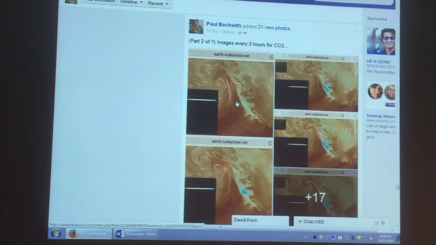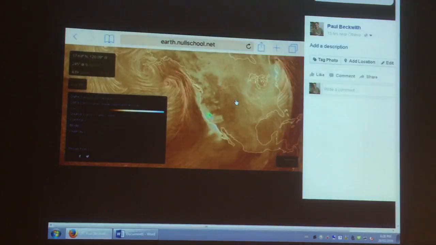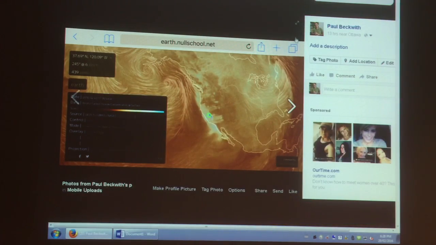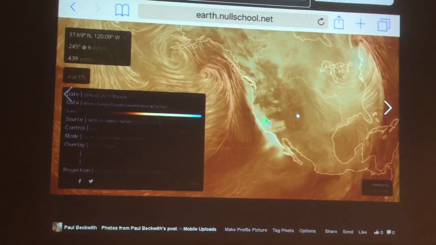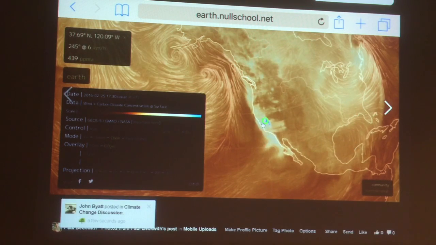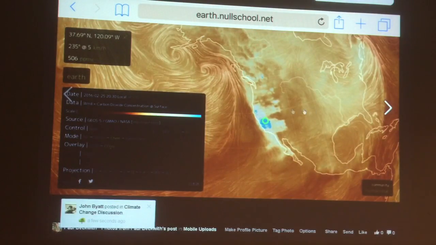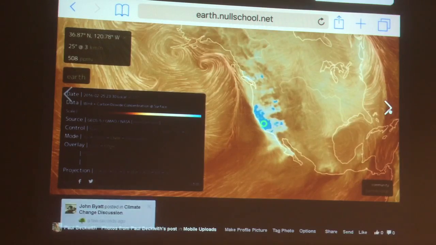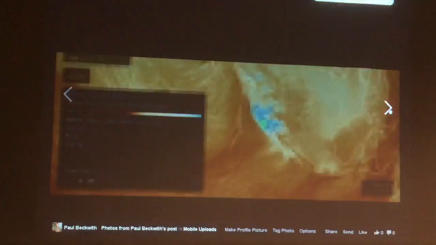Let's have a look at carbon dioxide now. Same time frames as before. Okay, so this is the carbon dioxide, February 25th. Actually, this is at 1730 local time is when the data was taken. And you can see the levels going here. You can see the increase. So 3 hours later, 3 more hours, 3 more hours.